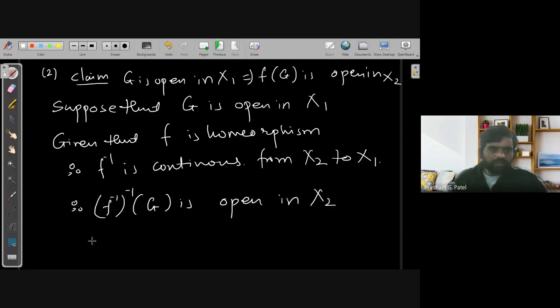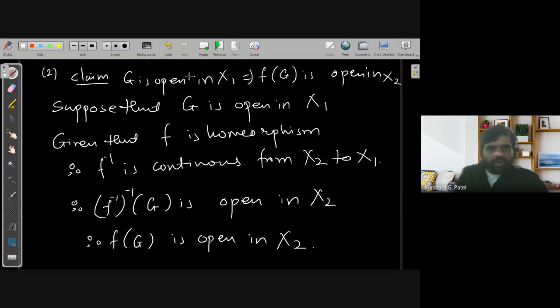Now what is the inverse of F inverse? It is nothing but F, so F of G is open in X2. Which proves that if G is open, it implies that F of G is also open under the homeomorphism.